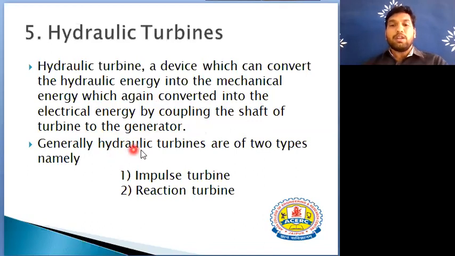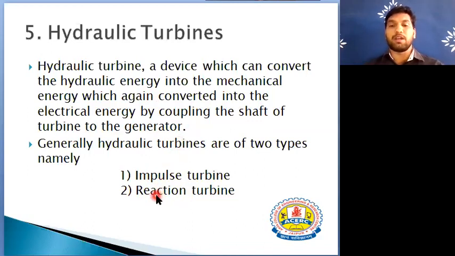Now there are two main types of hydraulic turbine used for electricity generation: impulse turbine and reaction turbine. Impulse turbines are the turbines where the water from the nozzle directly strikes the buckets of the turbine.